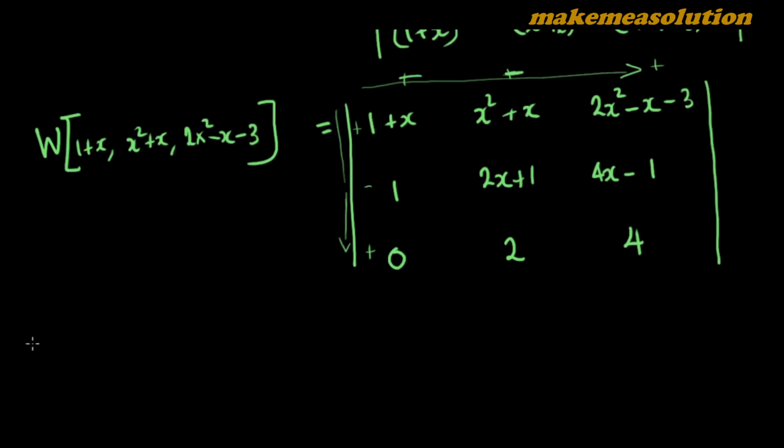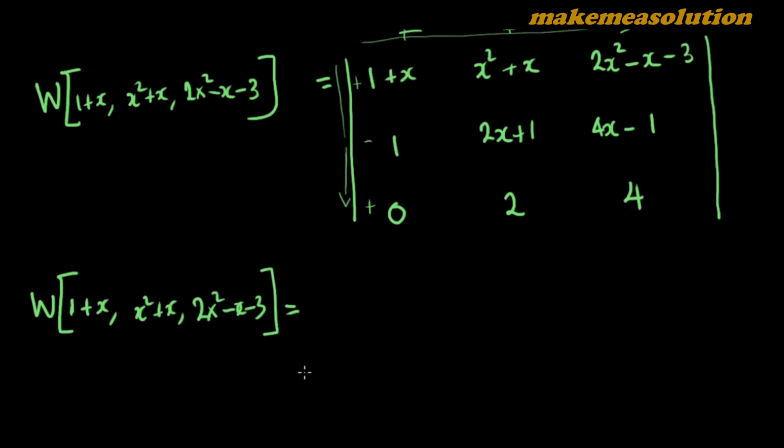Okay, so in this regard, your W is 1 plus x, x squared plus x, then 2x squared minus x minus 3. W is the Wronskian of these functions. Expanding along the first column, I'm going to get 1 plus x into the minor with 2x plus 1 and 4x minus 1, and I have 2 and 4.